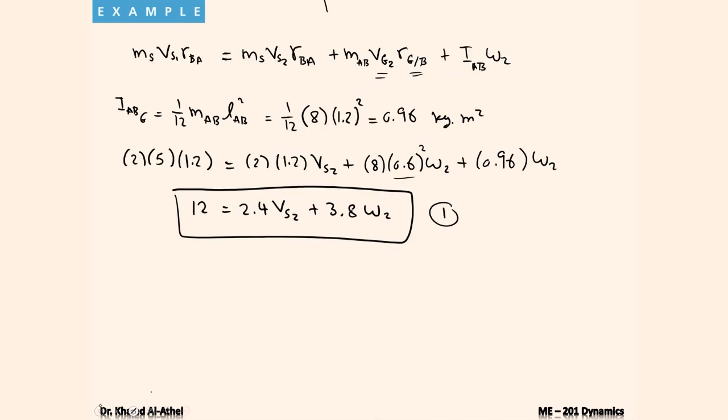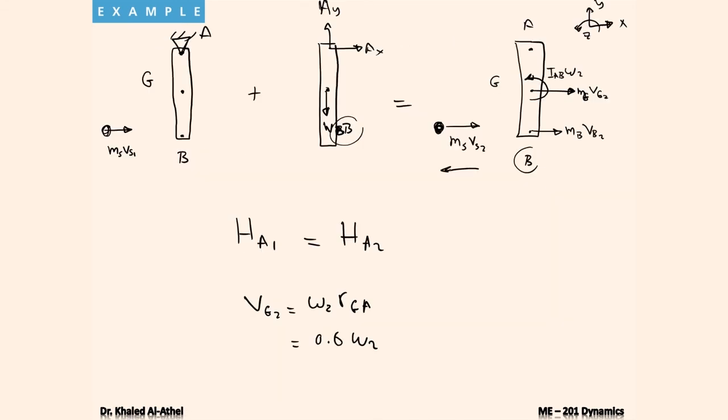Now, keep in mind, the minus is part of the equation itself. If I had assumed Vs was going to the left, then I would say minus Vs2. But I assumed Vs to be positive, so keep it as minus Vs2. Over Vs1, which is given as 5, and VB2 is 0 because it was originally at rest.